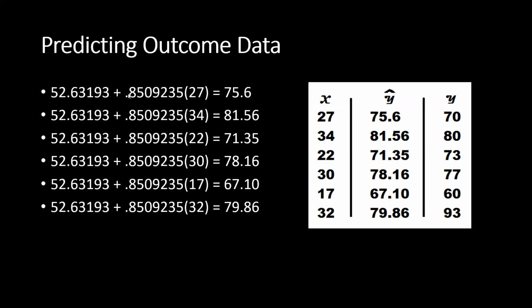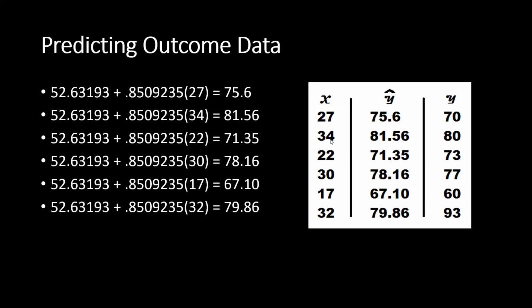the slope value, which we're just going to round off to three significant figures. We'll say 0.851. So 27 multiplied by 0.851 plus, we'll round this also to three significant figures, 52.632. And if we add those values together, we get 75.6.